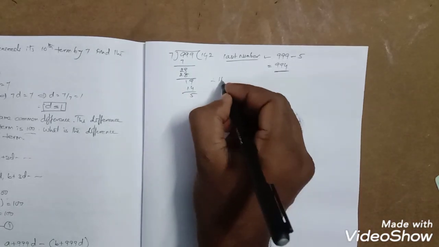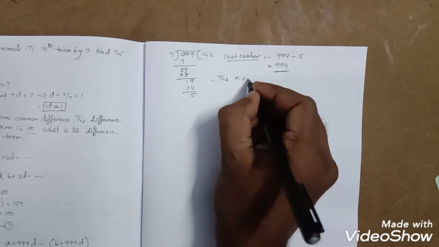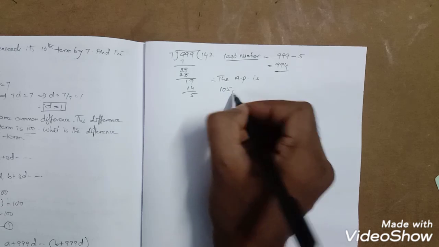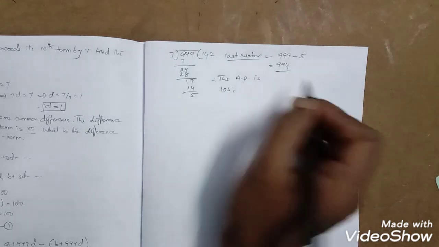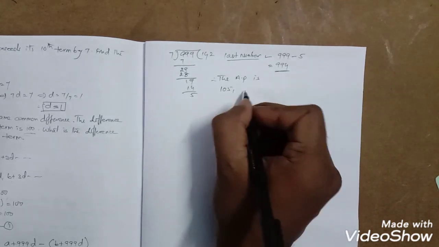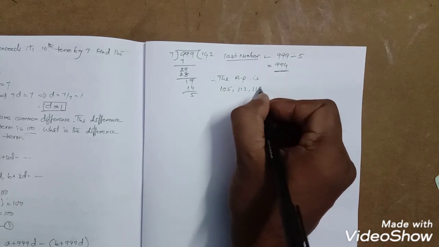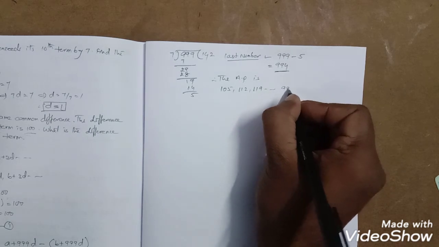So therefore the arithmetic progression is, first number you got as 105, and it is divisible by 7 means the common difference is 7. Just add 7, you will get 112, next 119, and so on till 994.